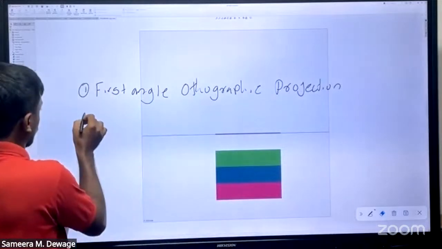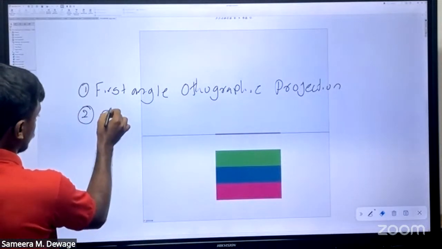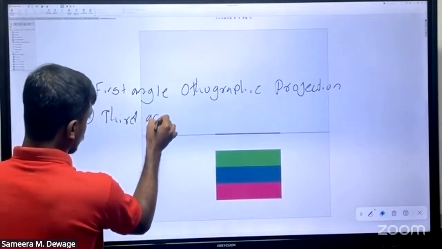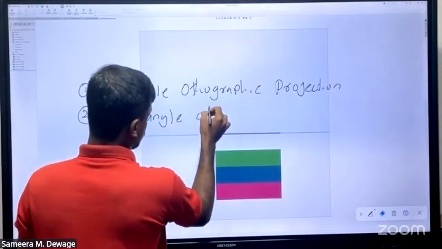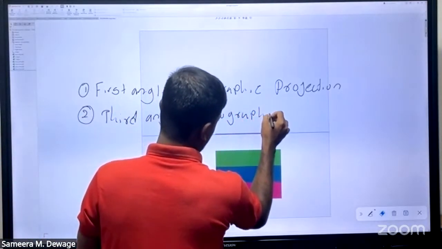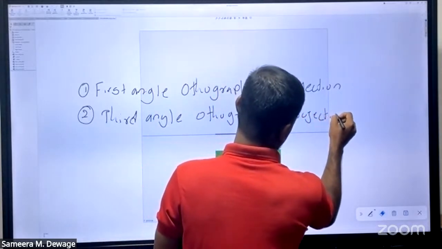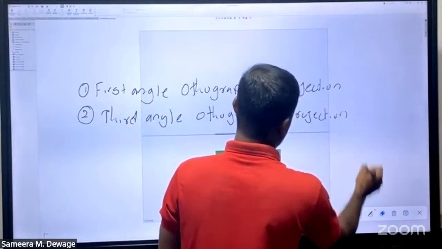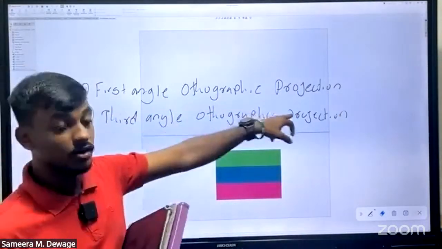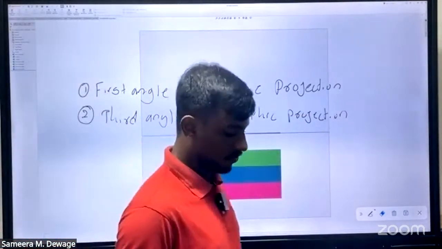Right. The second one is third angle orthographic projection.